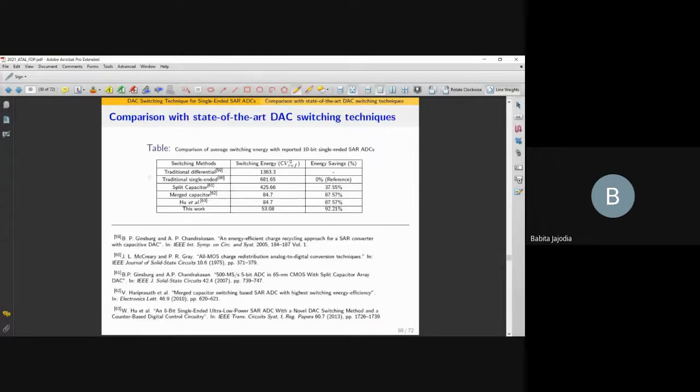Then we did a comparison on that. If you can see, based on the statistics, the switching energy of our design was 53.0. That was the lowest compared to others, right? And we have also put the conventional one as well, to have a fair comparison. And if you can see, we did the optimization to 92.21.